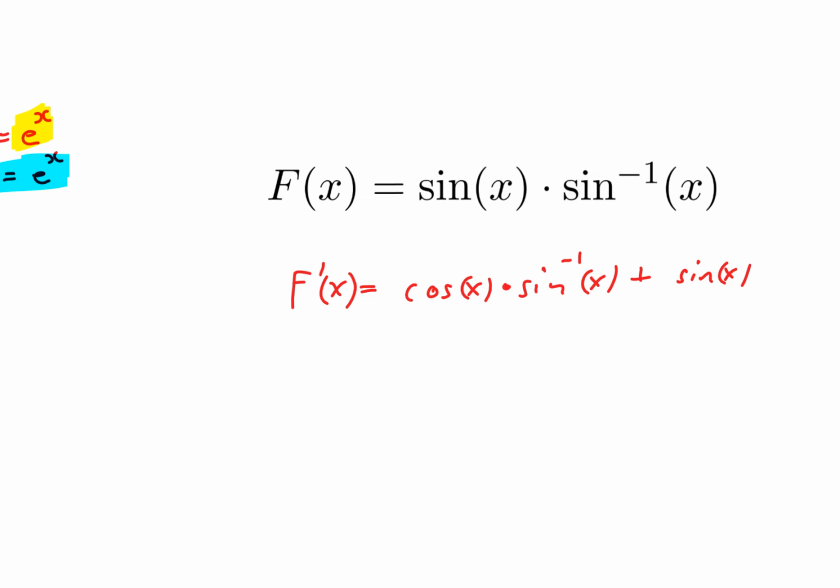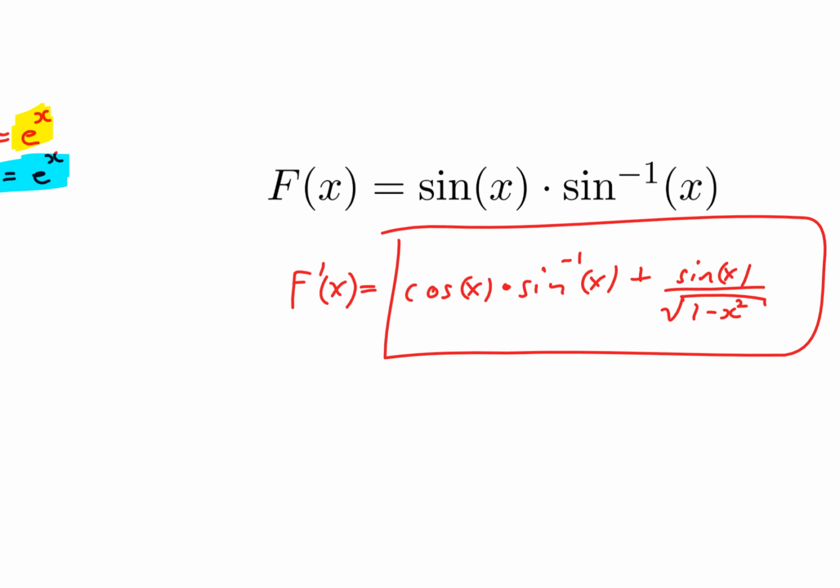As we saw earlier, the derivative of the inverse sine is 1 over the square root of 1 minus x squared. So we're just going to put that right there. There we go, that's the answer.